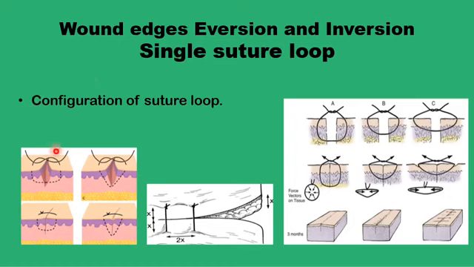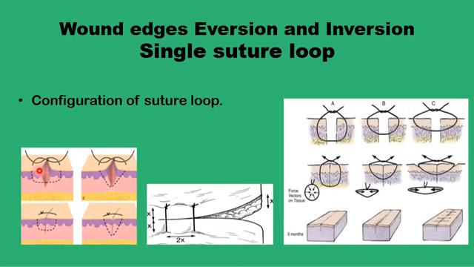The standard way of obtaining wound edge eversion is to have the needle perpendicular to the surface at a distance of an X between the needle inlet and the edge of the wound, down through the dermis and part of the subcutaneous tissue to a depth of another X, cross to the other side by 2 X's and come out perpendicular to the skin surface again at a distance of an X from the edge, and this is going to cause a wound edge eversion.